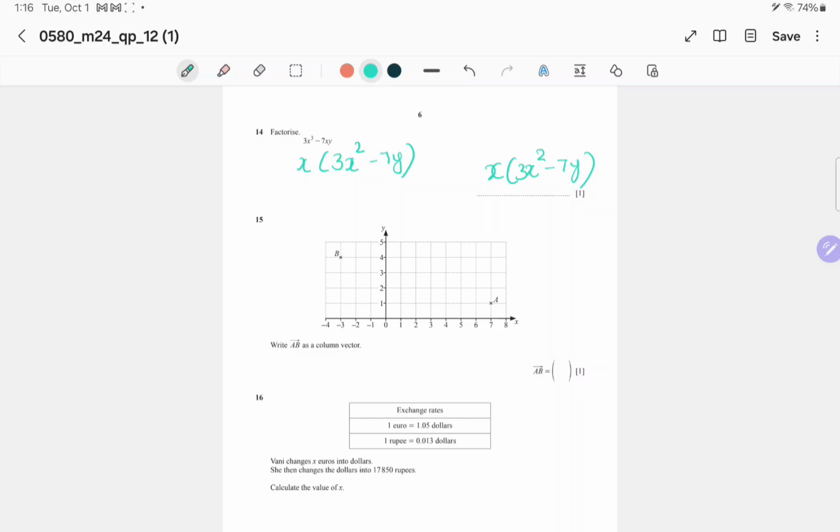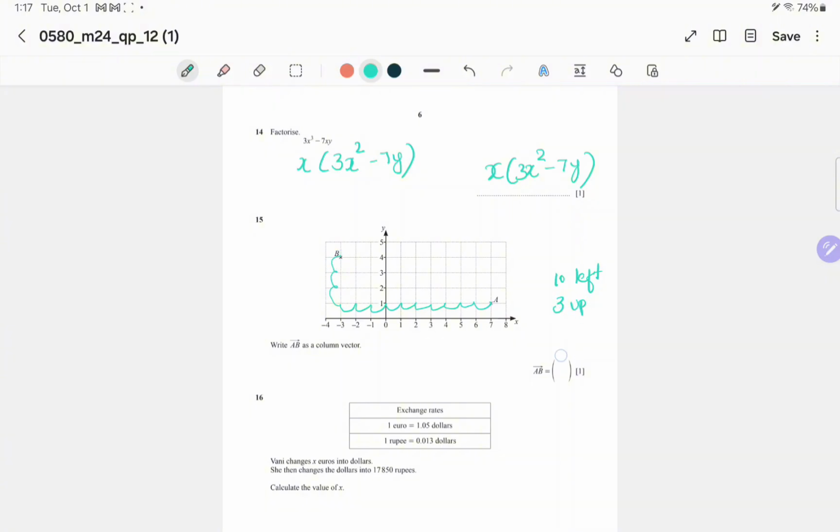It is the 15th question. Write AB vector as a column vector. How will you write AB vector as a column vector? Find out the distance from A. It is 1, 2, 3, 4, 5, 6, 7, 8, 9, 10, so 10 to the left, and 1, 2, 3, so 3 upwards.